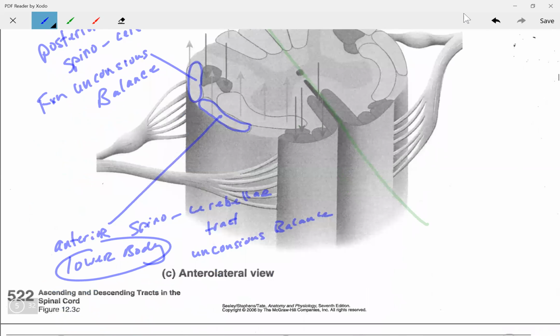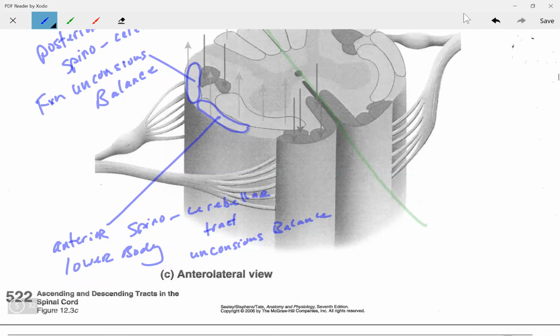Okay, let's go to some mapping. Okay. All right, so we're going to divide the cord in half.